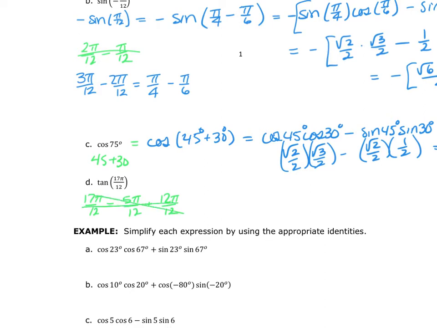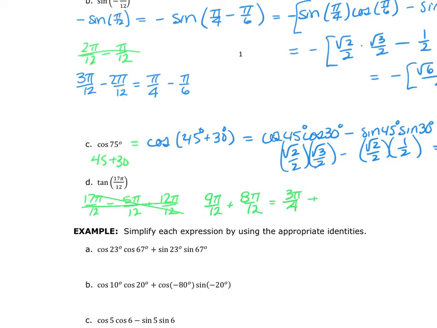But what I do know is I can think of 17 pi over 12. Well, let's try 13 pi over 12, that isn't going to work. Let's think about this as 9 pi over 12 plus 8 pi over 12. That does give me 17. 9 pi over 12 does reduce: 3 goes into both of those, so it is 3 pi over 4.